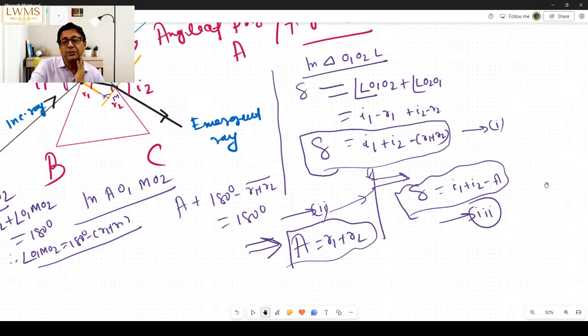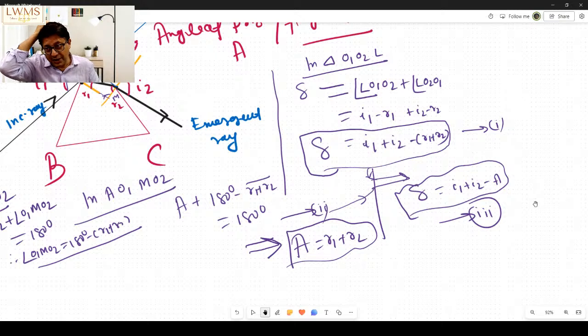Now, what we are going to do, we are going to find the delta versus I1 graph. But this time practical experiment. I am not doing any mathematical help here. Just some experiment done by others or with us in our student life that I am going to share with you.